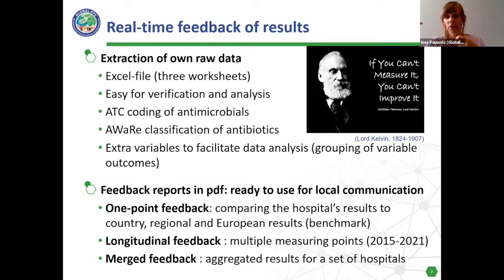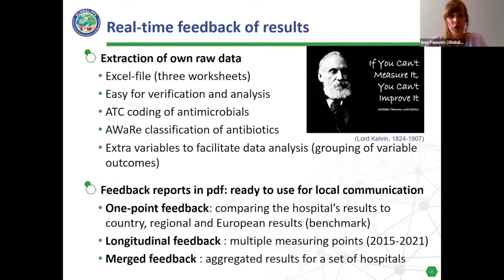Then in the background, a statistical software program calculates the results for you, and this feedback report will be sent to you by email in the next couple of minutes. So what you will have is a full report in PDF, which lists your most important point prevalence survey results in a set of graphs and tables.